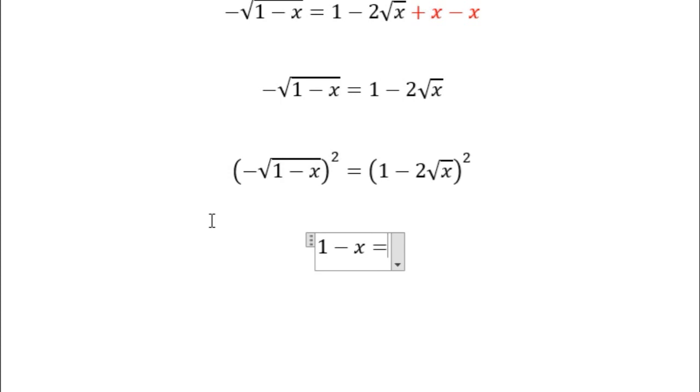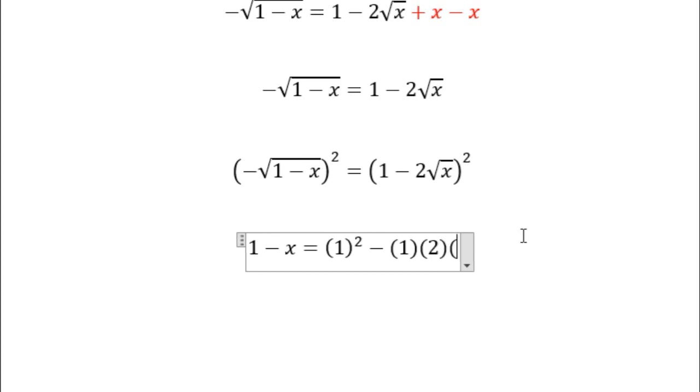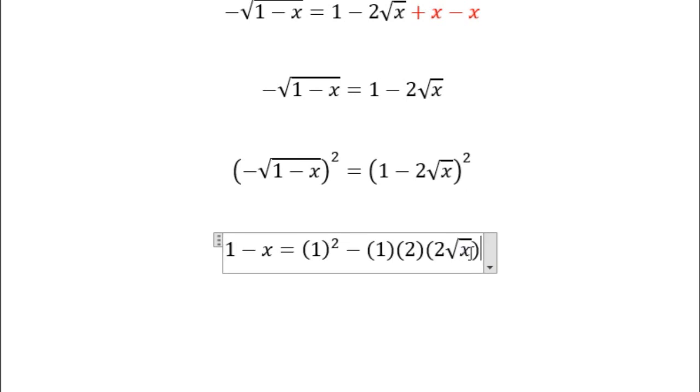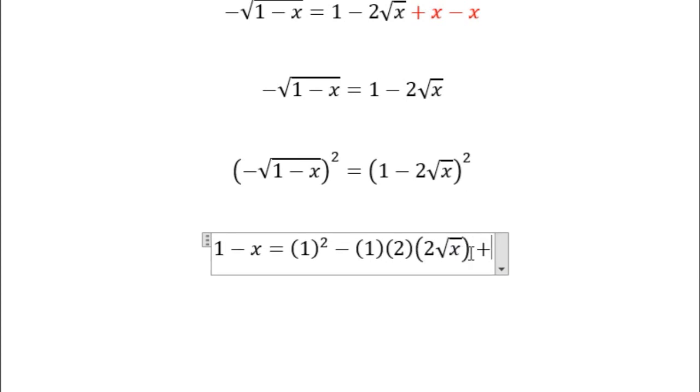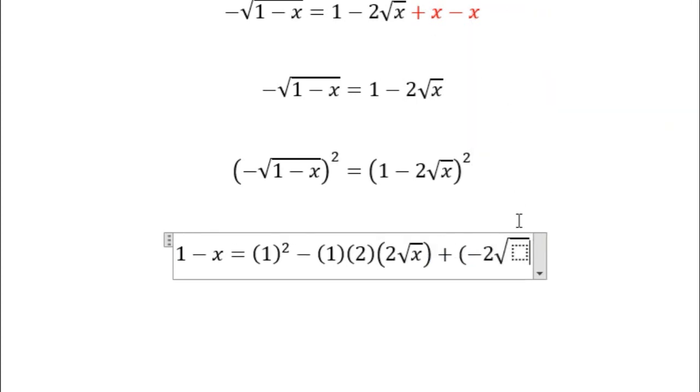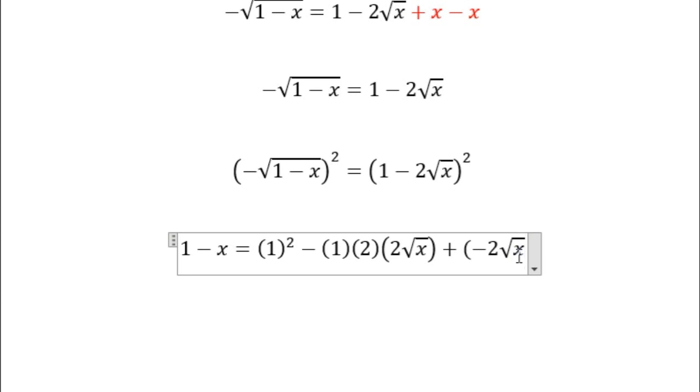And this one is equal to 1 minus 2 square root of x, squared. This is 1 squared minus 1 times 2 times 2 square root of x, plus minus 2 square root of x, squared.